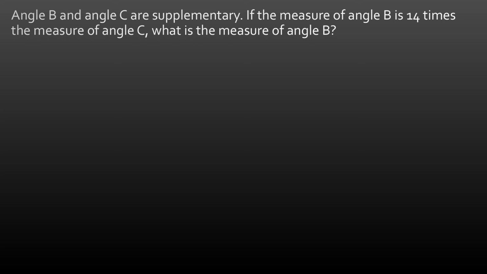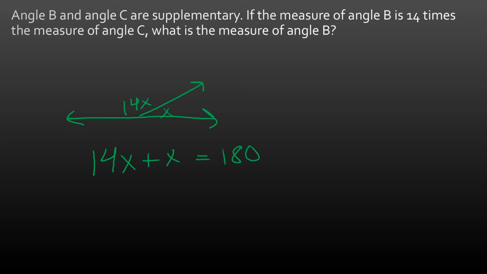And I'm going to use that other equation that we just did to solve this. So I had my 14x, and I had x here. So 14x plus x equals 180. So if I add these two together, if I have 14 x's and then one more, I would have 15x is equal to 180.